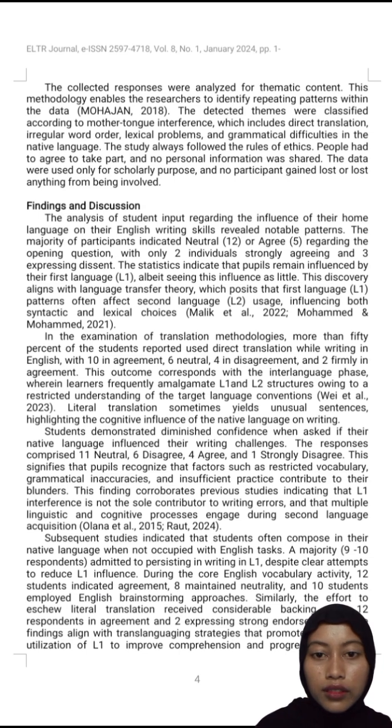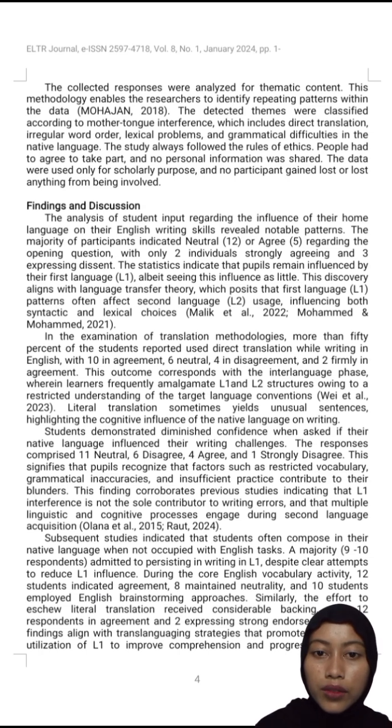Findings and discussion: the analysis revealed that most students were influenced by their first language, though many viewed this influence as minor. Over half of the students admitted to using direct translation from their native language when writing in English.